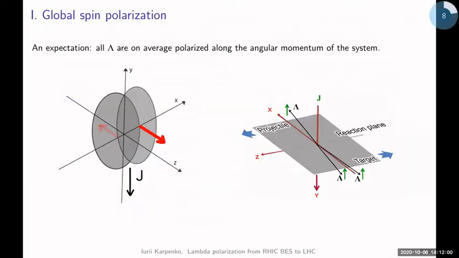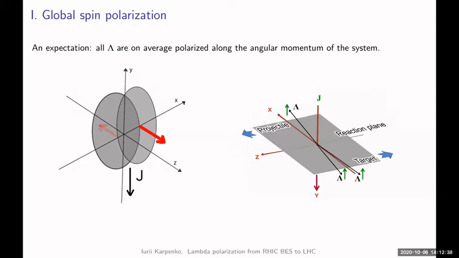So then with that, I basically proceed to the global polarization observable. The first general expectation, and that's been discussed already at the workshop, and will be discussed probably many times again during the workshop, is that all the final lambdas which are coming out of the fluid, because of symmetry reasons, should be polarized along the angular momentum of the system.